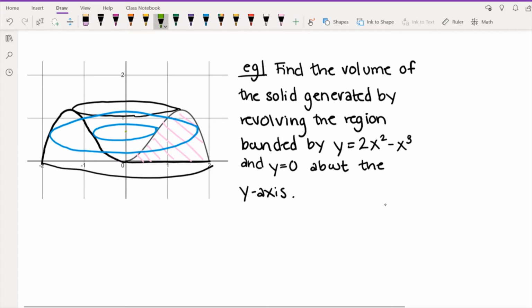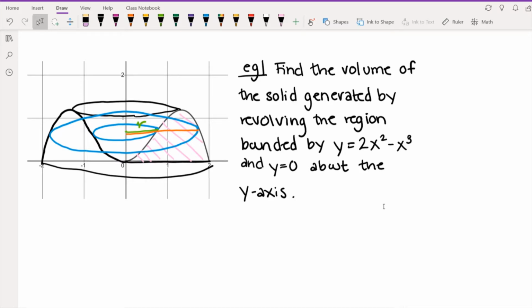Maybe you start with the inner radius. Notice that the inner radius is determined by this function, y is equal to 2x squared minus x cubed. But then if you try to find the outer radius, that is actually determined by the same graph.